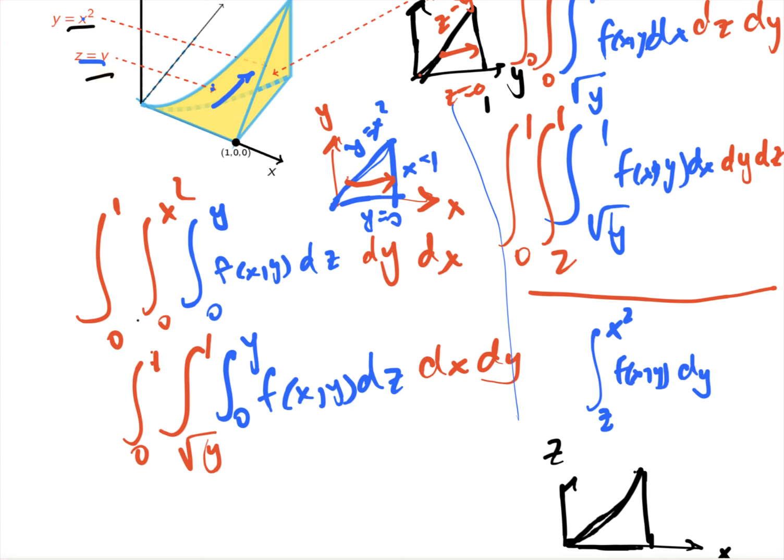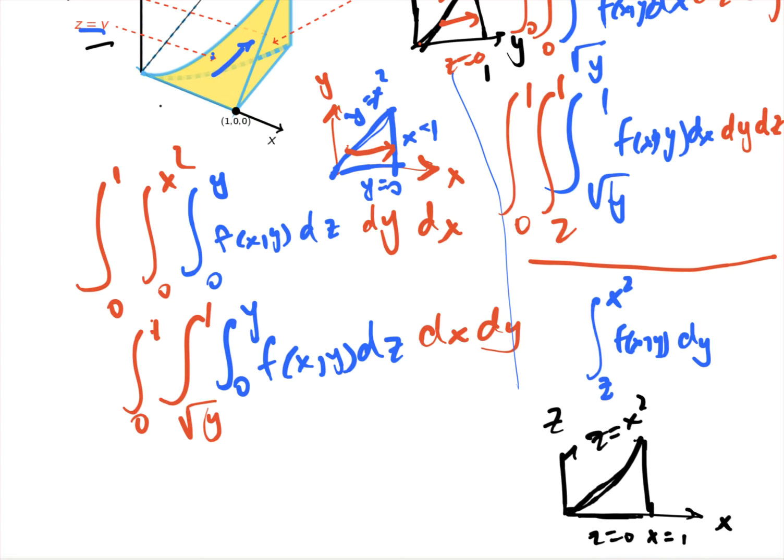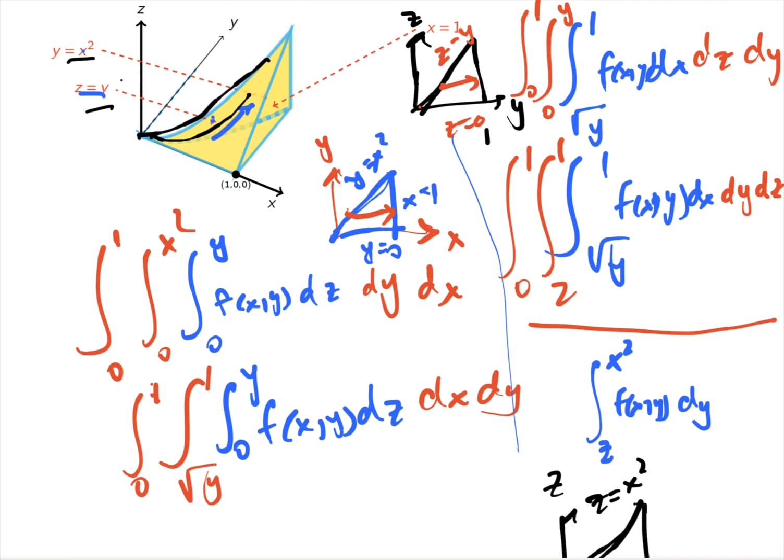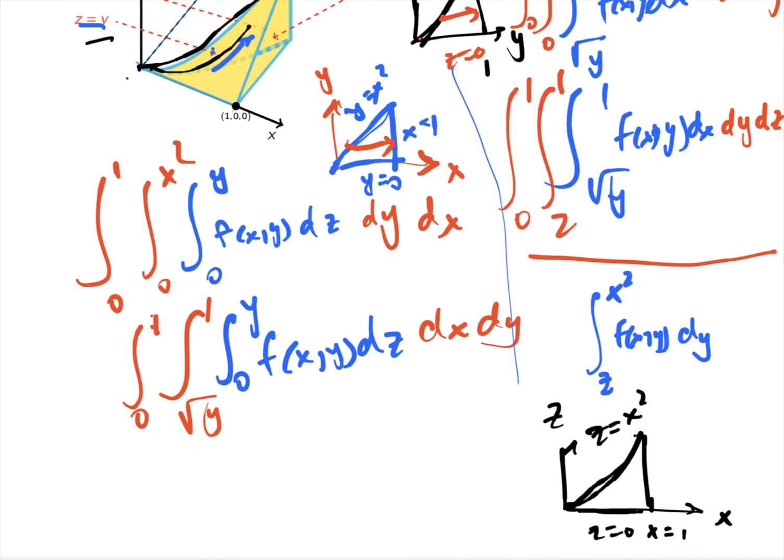I can get rid of y, and I get z equal to x squared. So the relationship between z and x on that curve right there is z equal to x squared, and that's what you see in the projection. So if I do z first and then x, z goes from 0 to x squared, and x goes from 0 to 1.